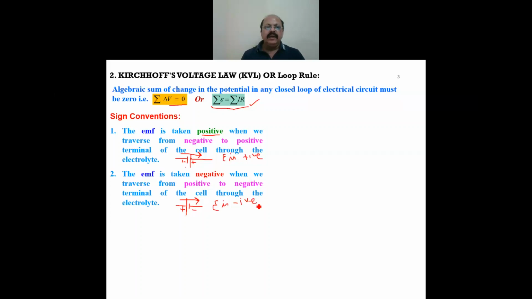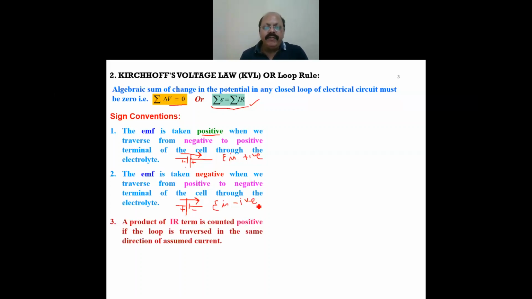And the third one is, the product of current and resistance is positive if the loop direction is in the same direction as the direction of current.